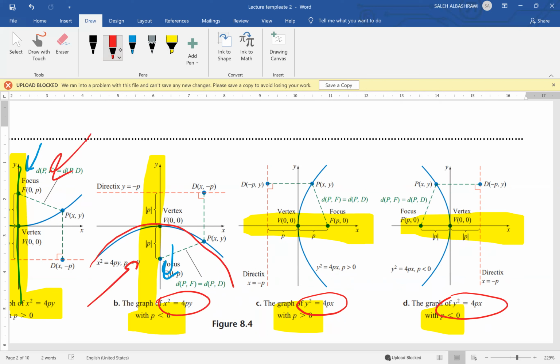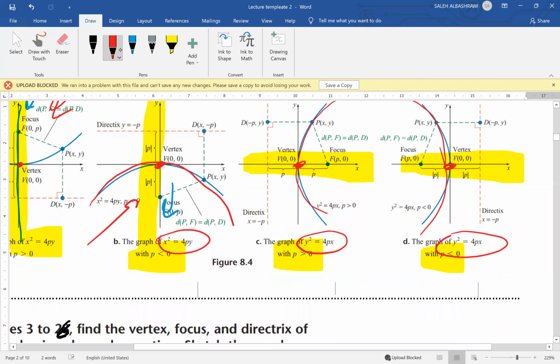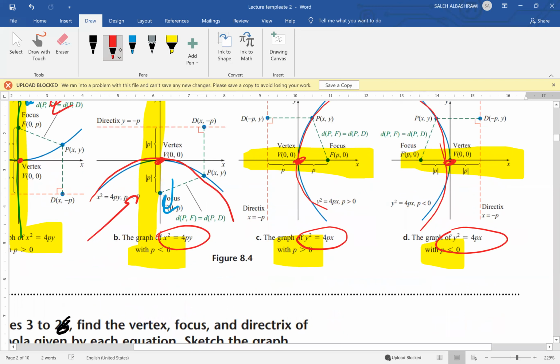For the other type, y squared equals 4bx, this is horizontal, open to the right if b is positive, or open to the left if b is negative, and the vertex is at the origin (0, 0).